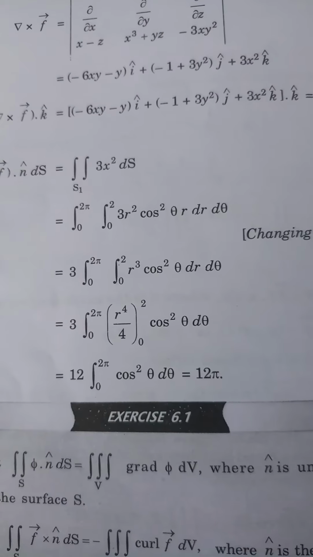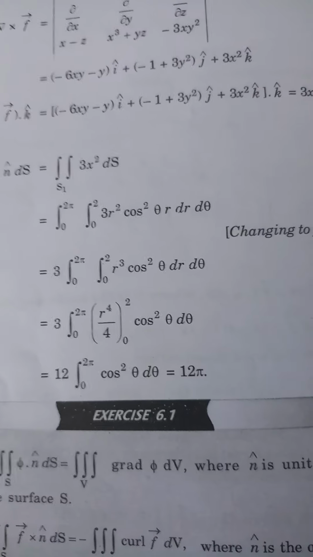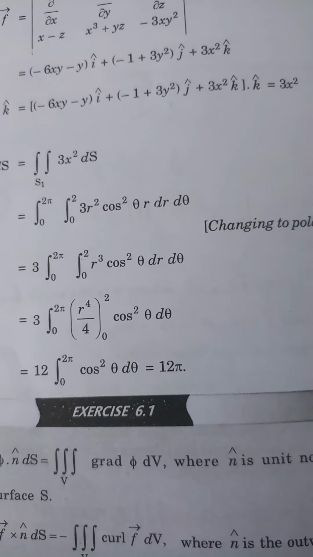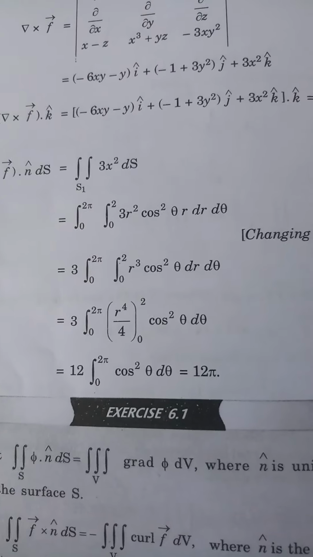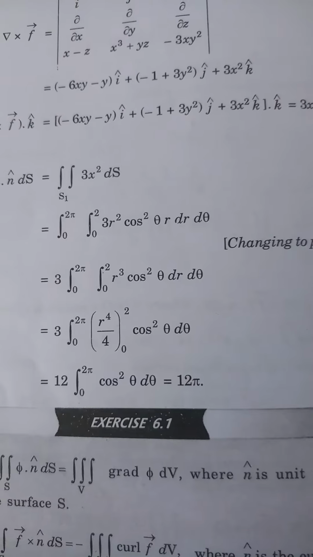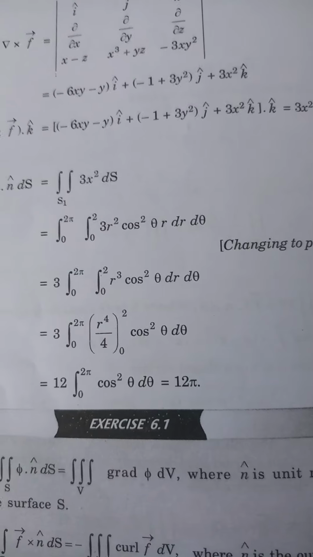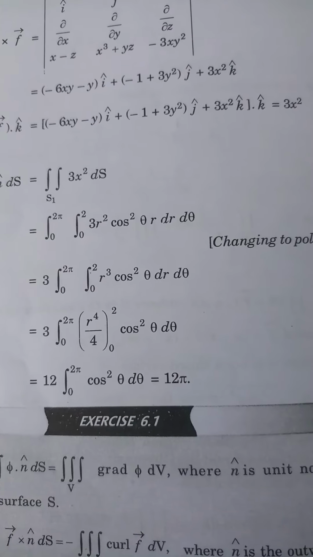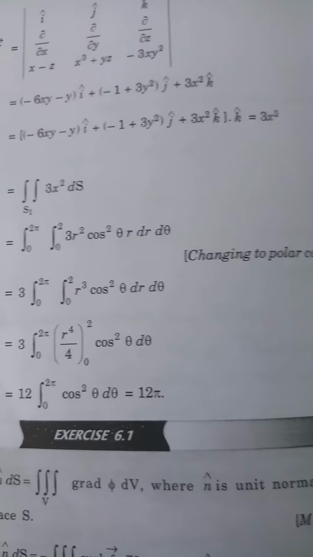This is equal to 3 integral 0 to 2 pi, integral 0 to 2 of r cube cos square theta dr d theta, which comes out as 3 integral 0 to 2 pi of r to the power 4 by 4 from 0 to 2 cos square theta d theta, equal to 12 integral 0 to 2 pi cos square theta d theta, equal to 12 pi.